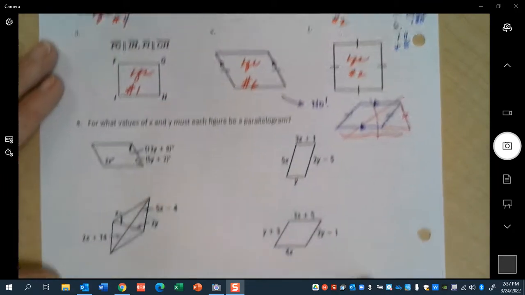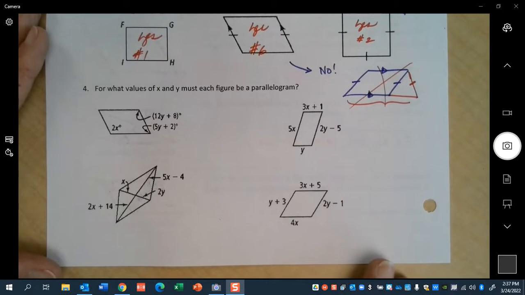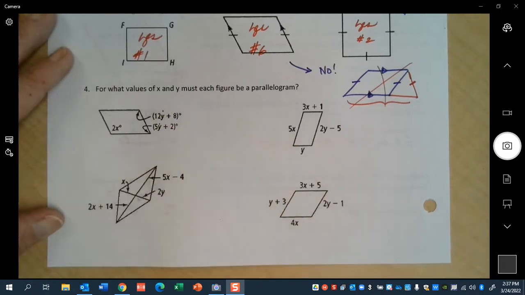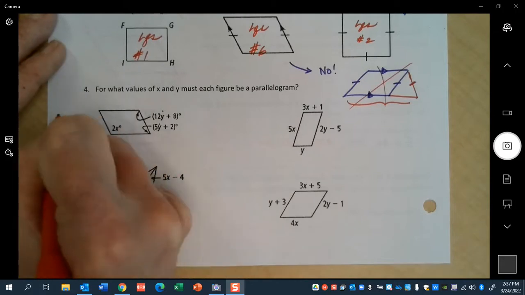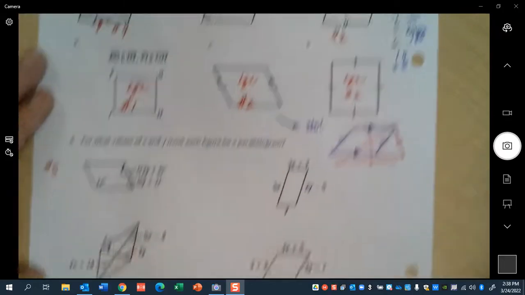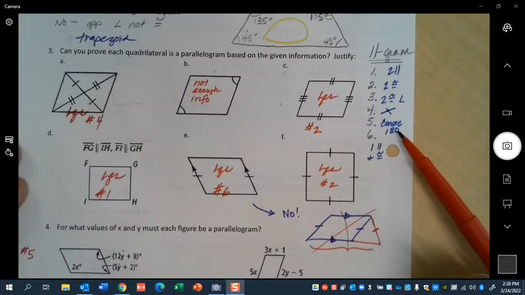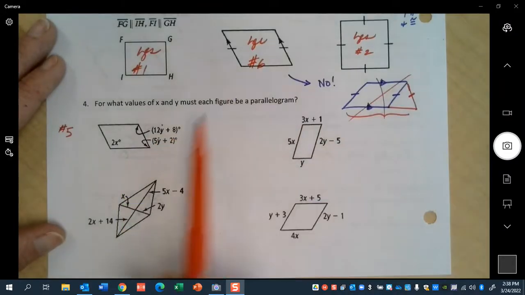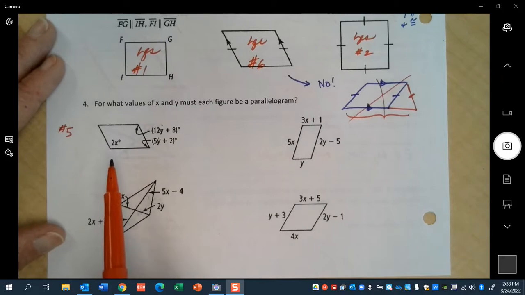All right. Down here, for what values of x and y must each figure be a parallelogram? Your first thing is going to be to justify whatever equation you use. So do you see I have y's and y's here? I'm going to look at reason number 5 to write my equation, solve for y's, and then I can solve for x's.